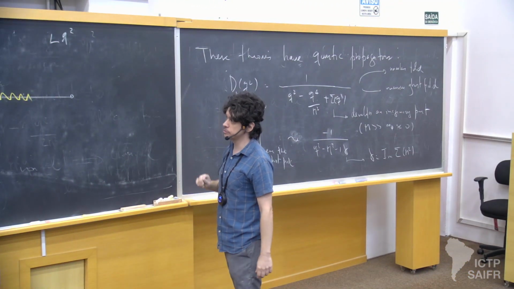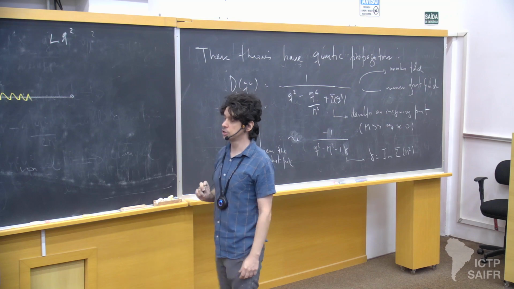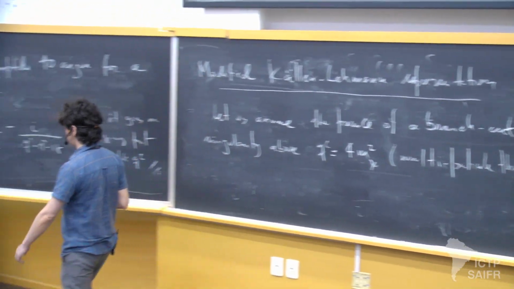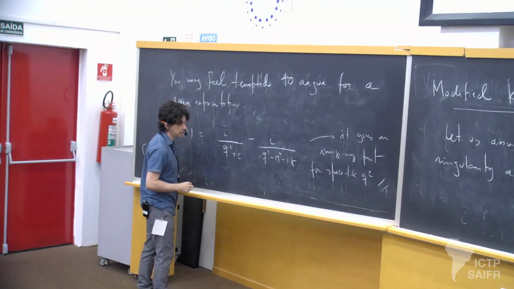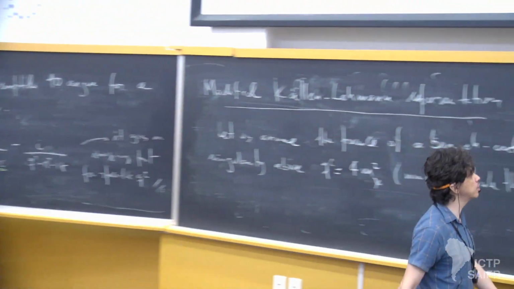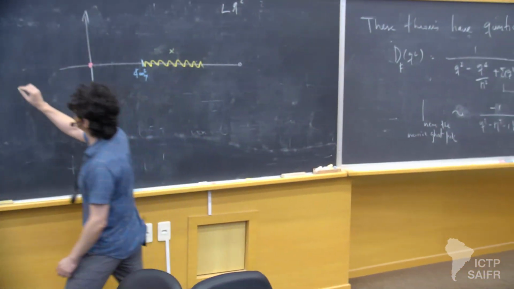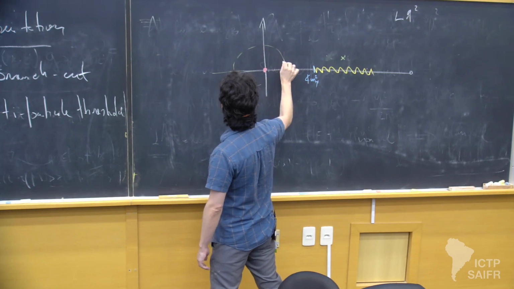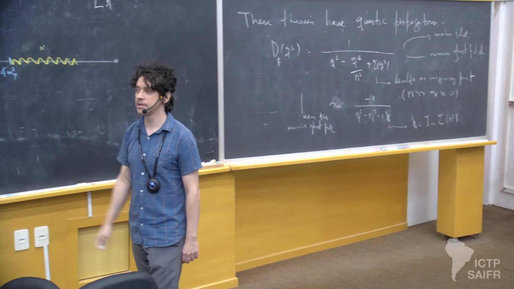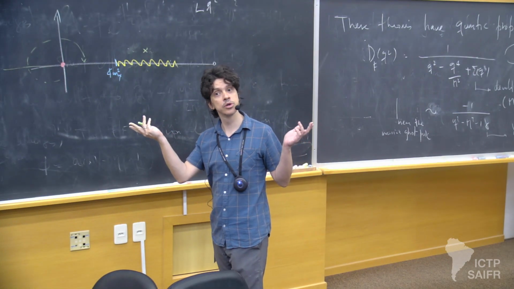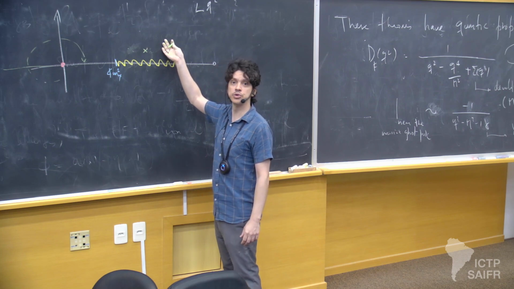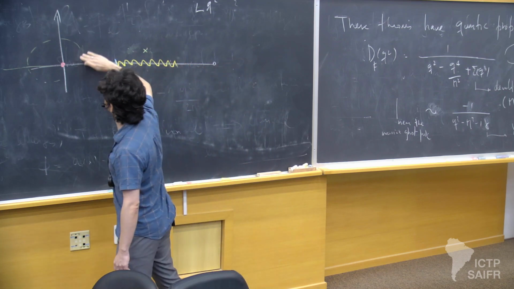But now this description is because we are studying the branch of this many-valued function given by the i-epsilon prescription, which means that we are approaching the branch cut just like this. But since we have a particle that carries an opposite arrow of causality, we would be able also to see what happens on the other side of the cut, which means taking a branch which goes like this.